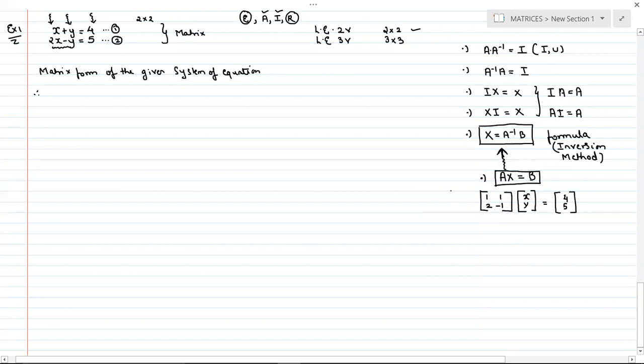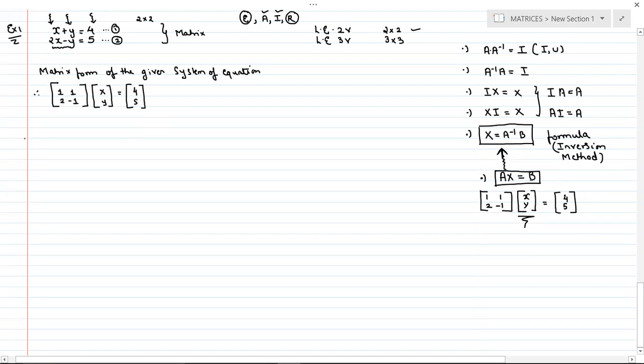So the first thing is you have to convert this linear equation into matrix form. Here first we'll write A. A is the coefficient of x and y. Then after that it is X, which means the alphabet which we have to find, and B is the number on the right hand side.